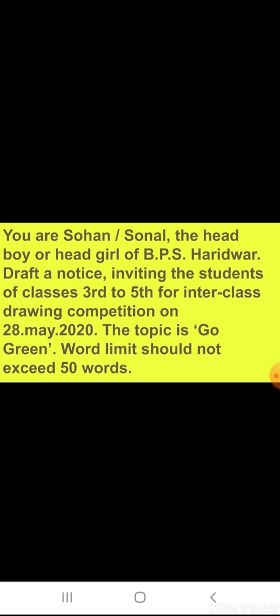Draft a notice. Draft means write a notice inviting the students of classes 3rd to 5th for inter-class drawing competition on 28th May 2020. The topic is Go Green.